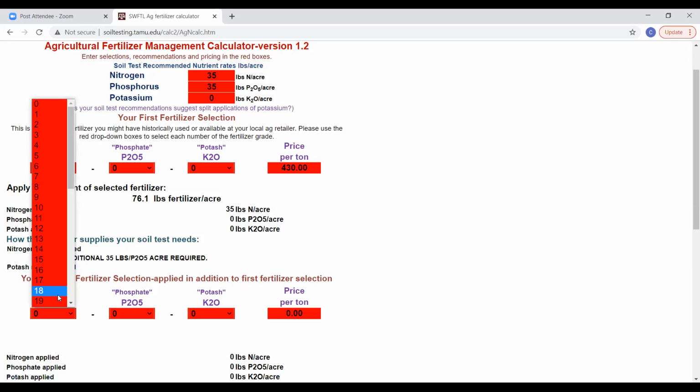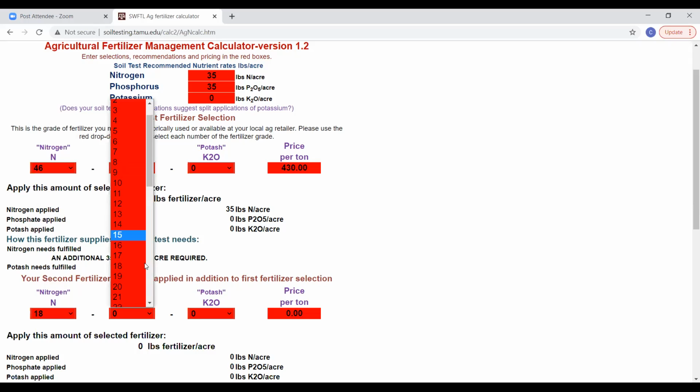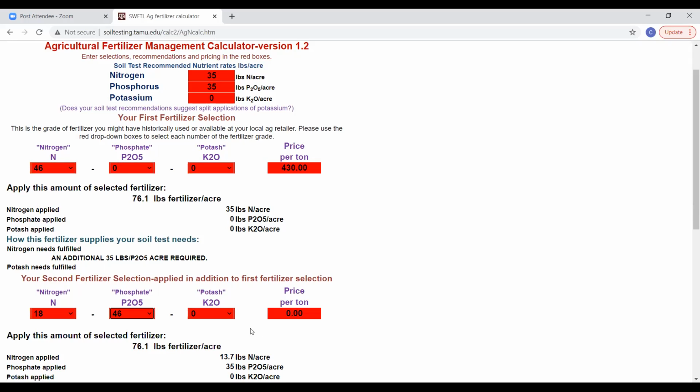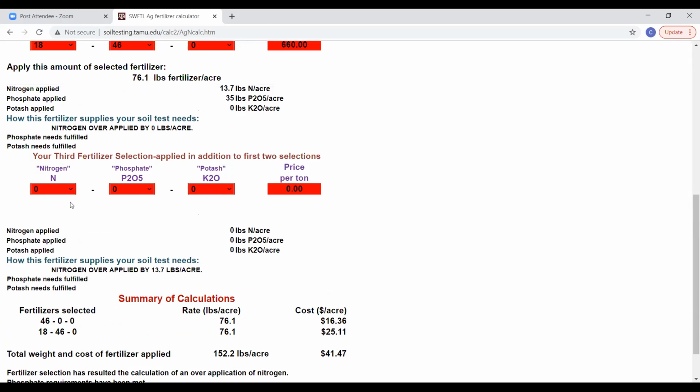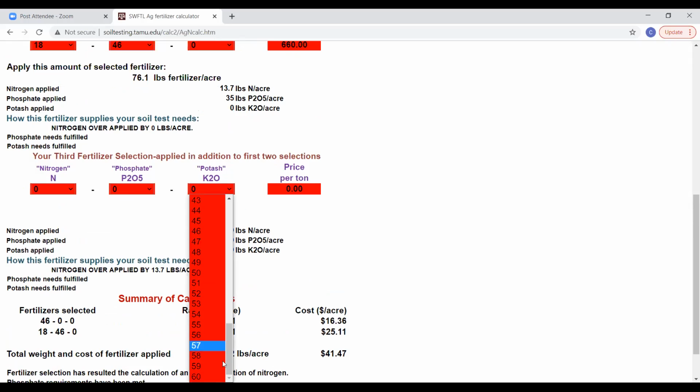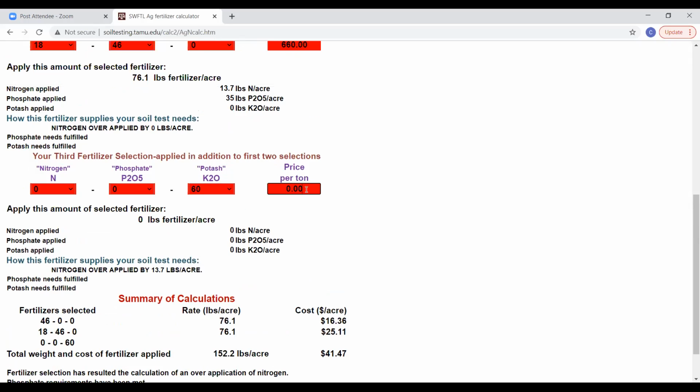We're using diammonium phosphate for our phosphate blend, which is 18 units of nitrogen, 46 units of phosphate, and 0 units of potash. 660 bucks a ton is what that's running us. Then we go down here to our potash, 0 units of nitrogen, 0 units of phosphate, and 60 units of potash, running us 390 bucks per ton.